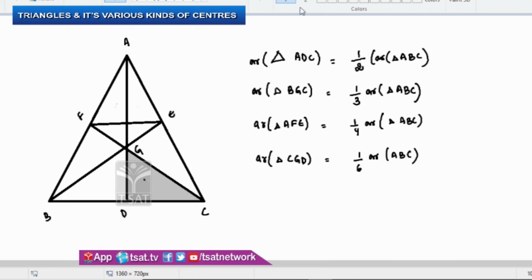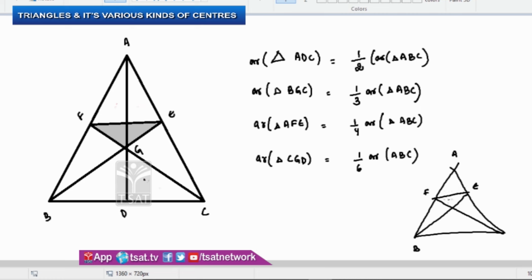Now, again, consider ABC; here I am drawing EF separately. We know EF and BC are in the ratio 1:2, so their areas will be in the ratio 1:4. This triangle is 1/3. If 4 parts is 1/3 of the triangle, then this one part becomes 1/12 of the triangle.